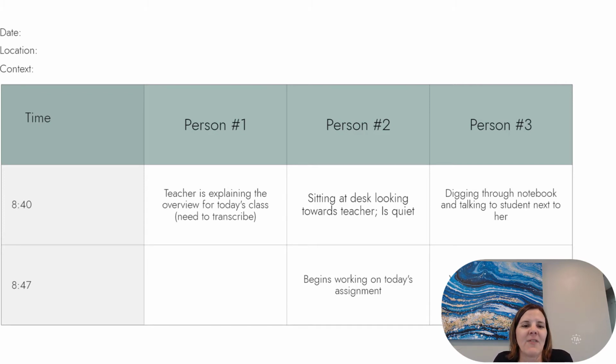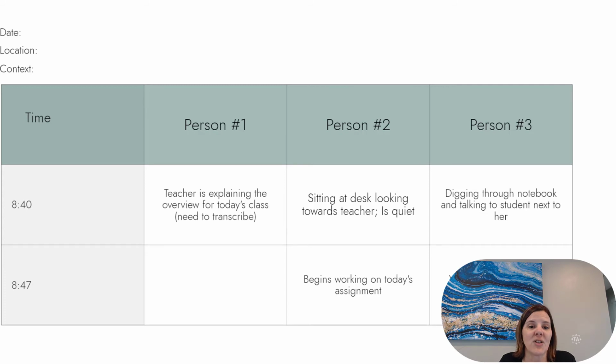All right, so then let's take a look at what I write. Again, completely fictitious, but I don't write person 1, 2, and 3. I will give everybody pseudonyms, and I will write those pseudonyms in for their names. So person number 1 is the teacher. I've done a lot of my field research in school, so I just kept this very basic with teacher and students. You can see the teacher is explaining the overview for today's class, and I need to transcribe that.